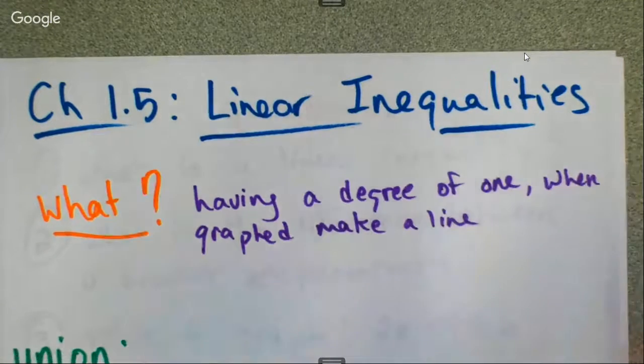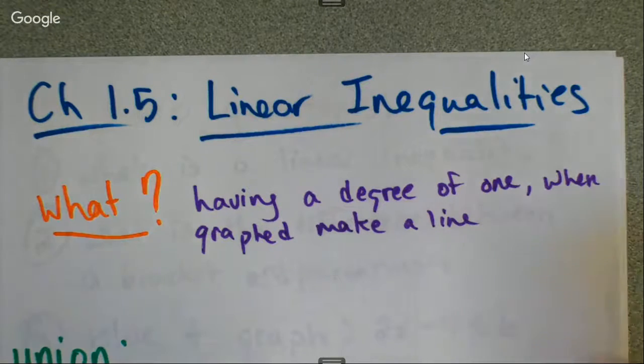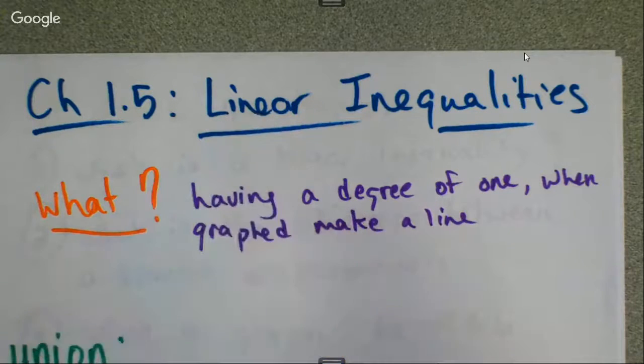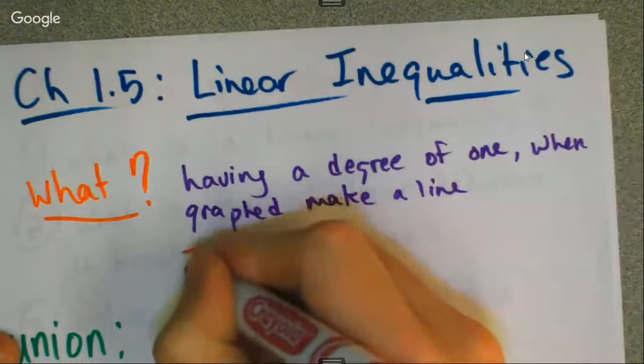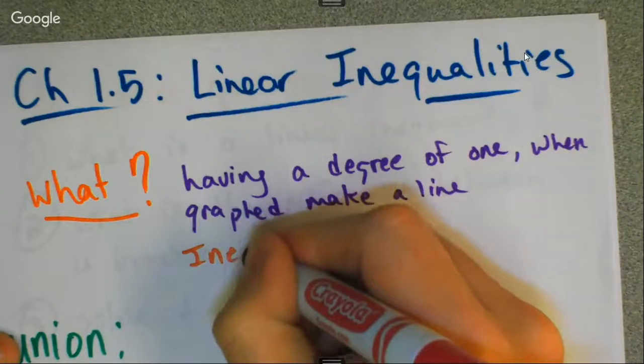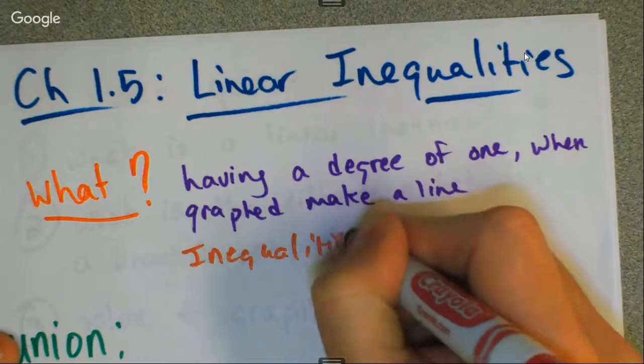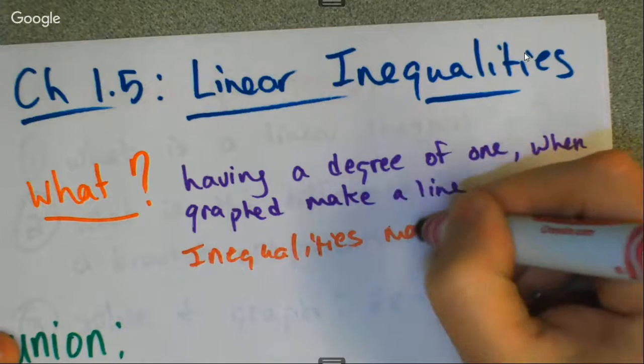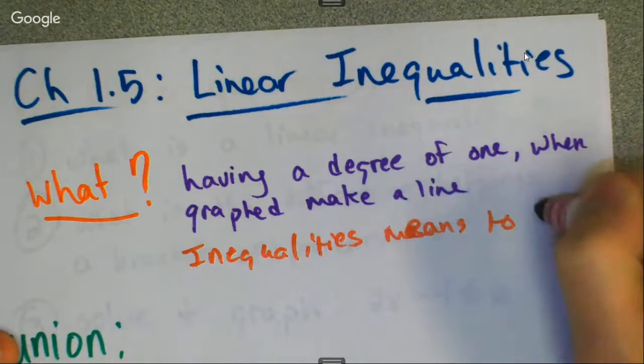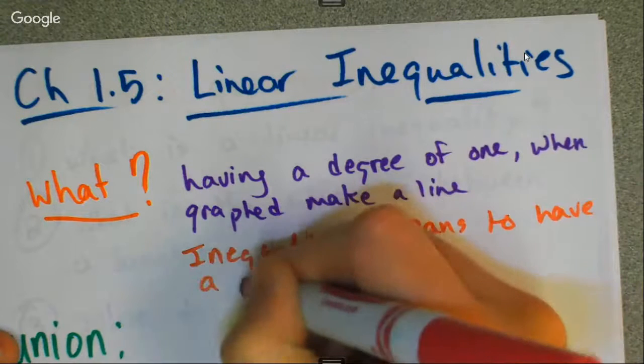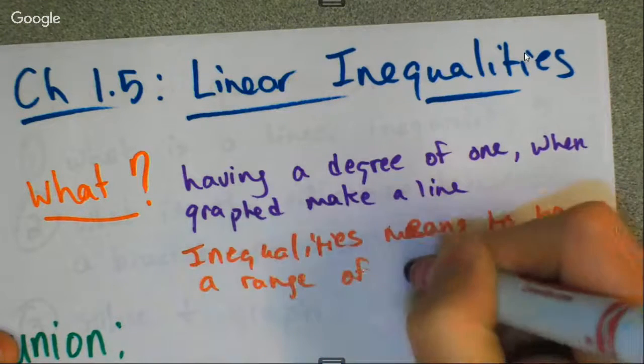Okay, now we had linear equations, and linear equations gave you one solution. However, with linear inequalities, this part here went with linear. Inequalities means to have a range of solutions.